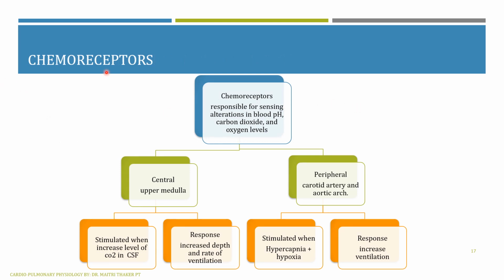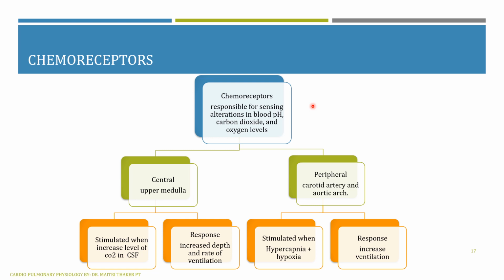Then come the chemoreceptors. These chemoreceptors are of two types, central and peripheral. First of all, what do these chemoreceptors do? They are responsible for sensing alterations in blood pH, carbon dioxide and oxygen levels. As the name suggests, chemoreceptors are sensitive to chemical changes in the blood.